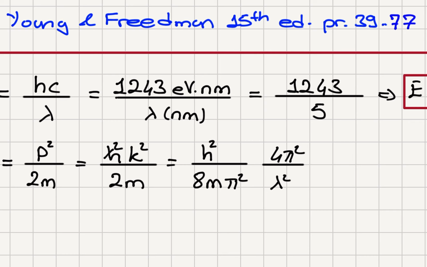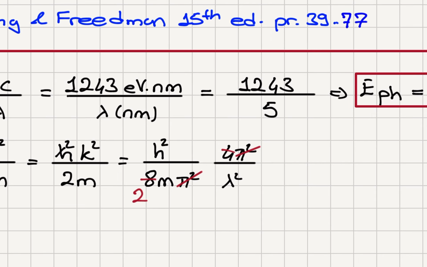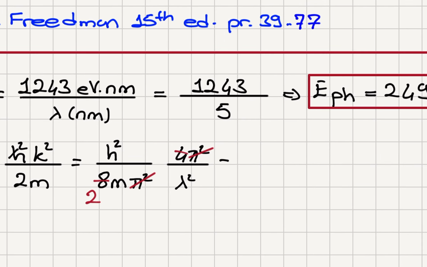And now we can see that pi squares will cancel out, and then we have 4 making this 8 into 2, so we have the final electron energy h squared divided by 2m lambda squared.